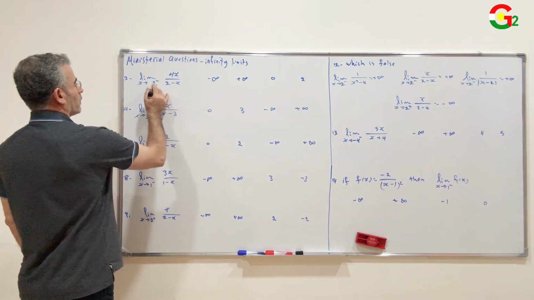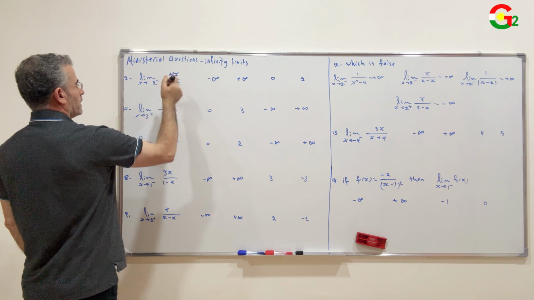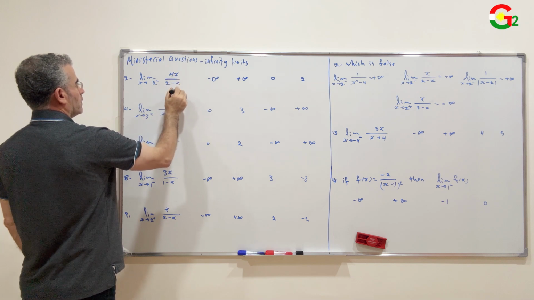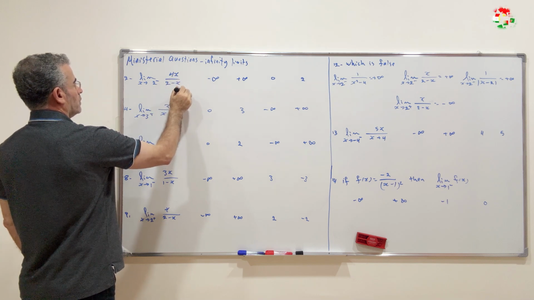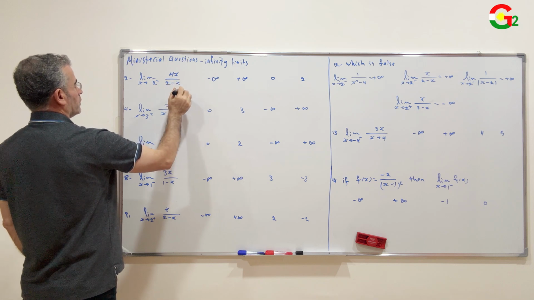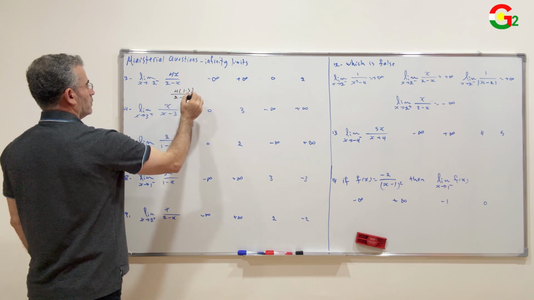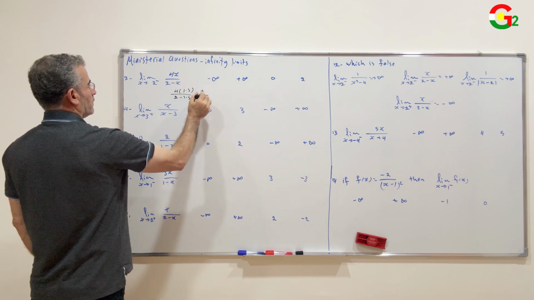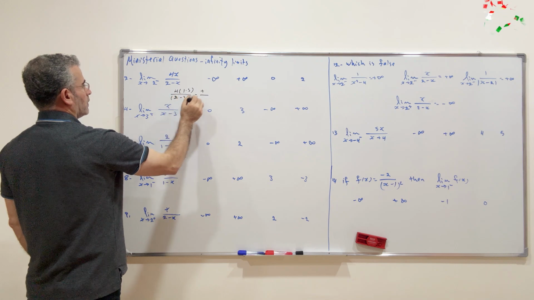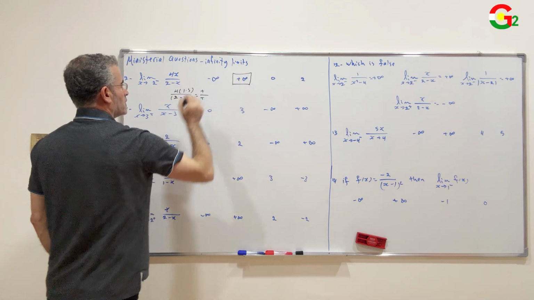From the left, substitute every x with 1.5, a number less than 2, over 2 minus 1.5, which equals positive value over positive value. It is positive infinity. Choice B.